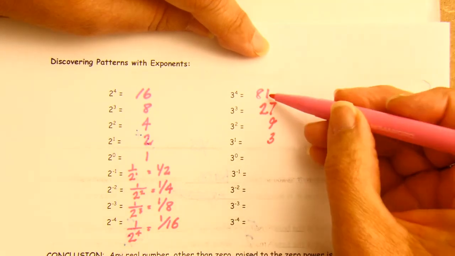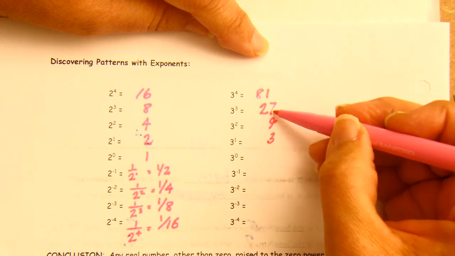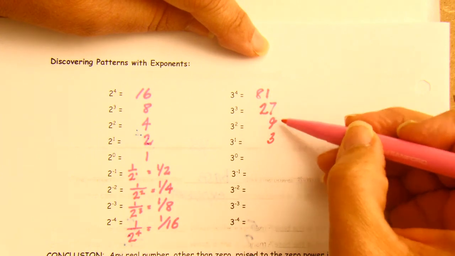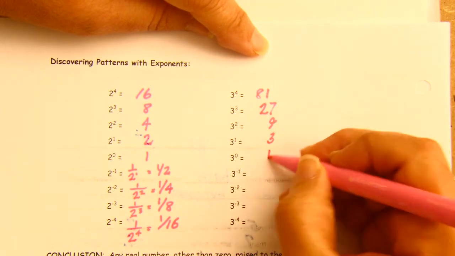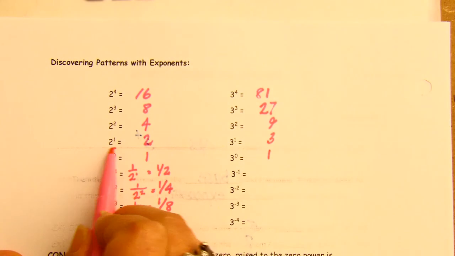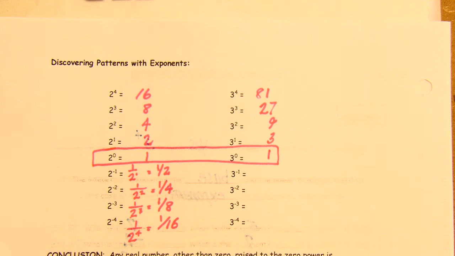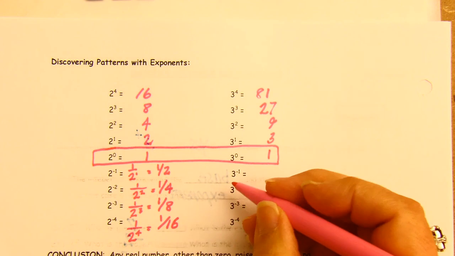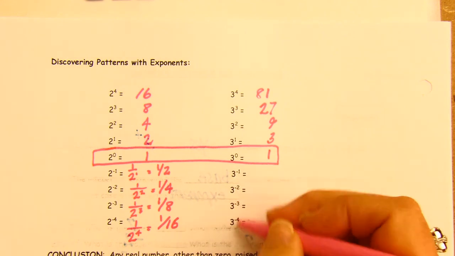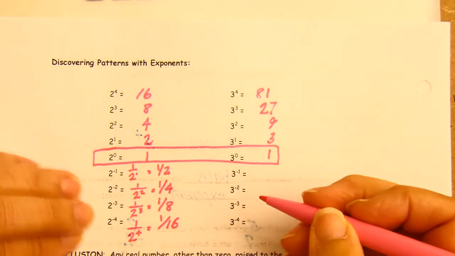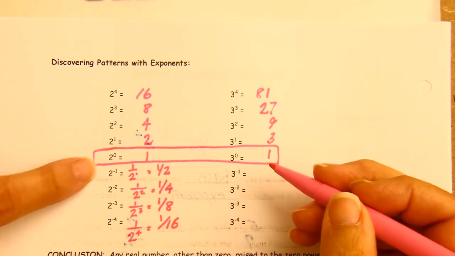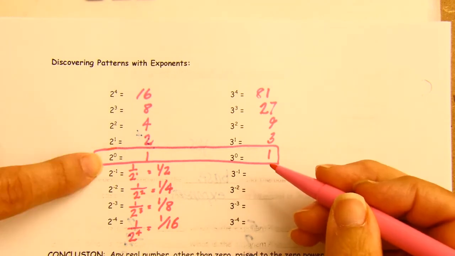Here, let's look. 81 divided by 3 is 27, divided by 3 is 9, divided by 3 is 3, divided by 3 is 1. And so here we see that any non-zero base raised to the power of 0 is always going to be equal to 1. This here, we're going to think of this the same way that we did with the base 2 and the negative exponents.